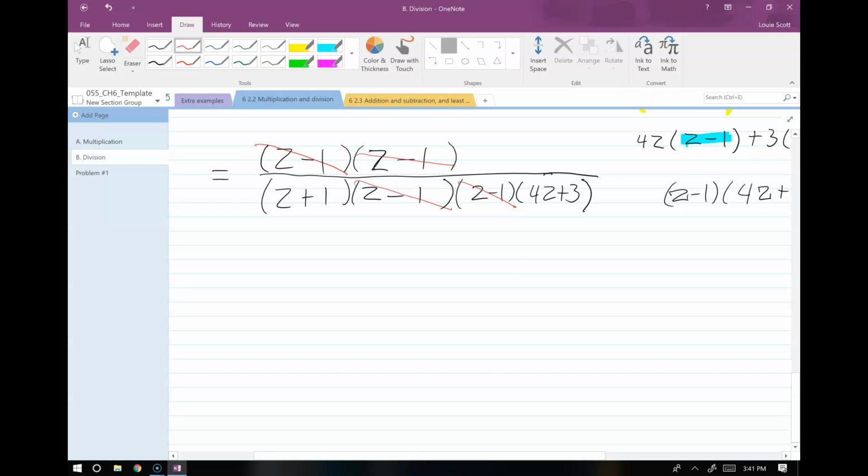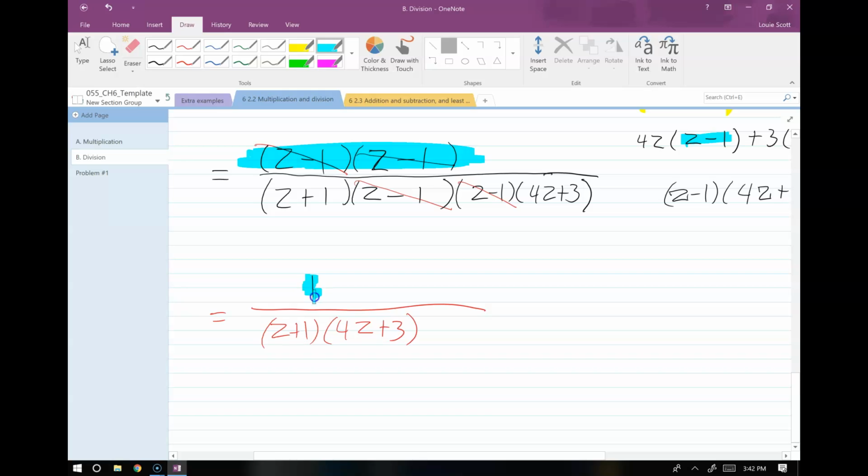So all those cancel, and we're just left with 1 over z plus 1 times 4z plus 3. And just remember that when we cancel everything out of the numerator or the denominator of a fraction, there's still a little 1 that stays there.